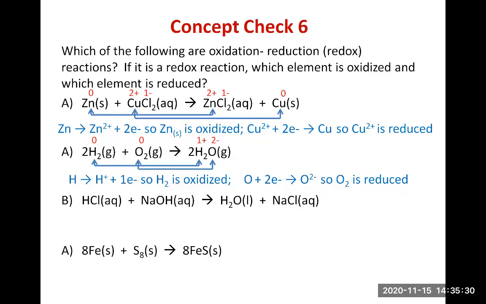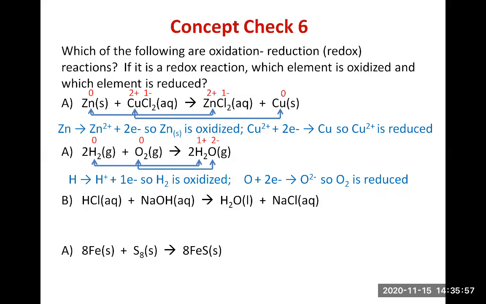So we say that O2, the oxygen in its natural state, has been reduced. So anyway, when you find which one has been oxidized, typically the other element will be reduced. There's no other way around it, because one has to be oxidized, the other has to be reduced. If you have only two elements on the reactant side, then that's what happens.